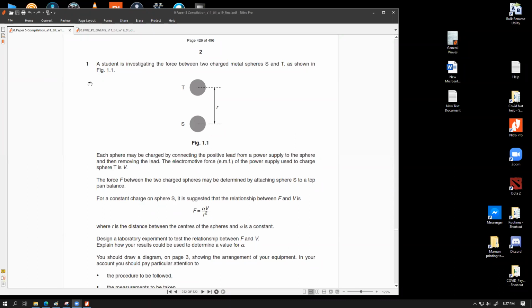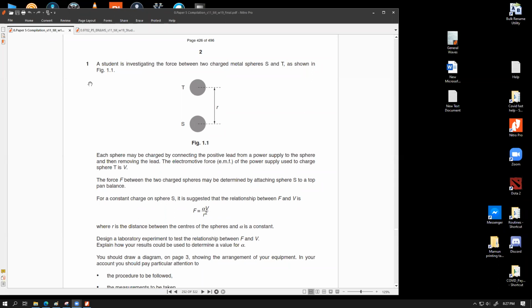Then I eventually came across the mark scheme, and I came to understand that that would be highly difficult to achieve, because to counterbalance the weight between two metal spheres, you'd require a huge amount of voltage to create a significantly high amount of repulsion. That is quite difficult to achieve.